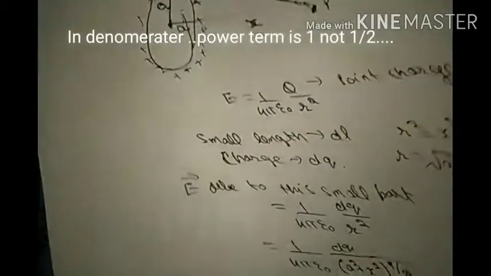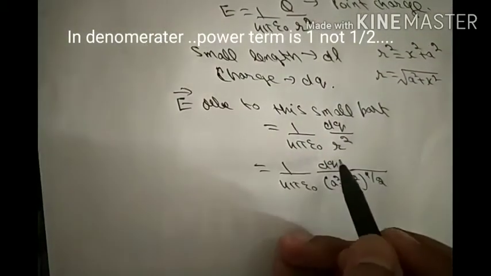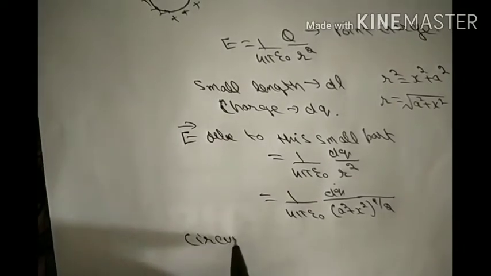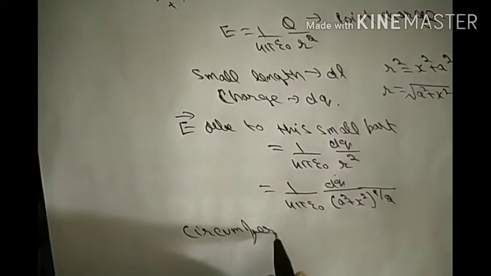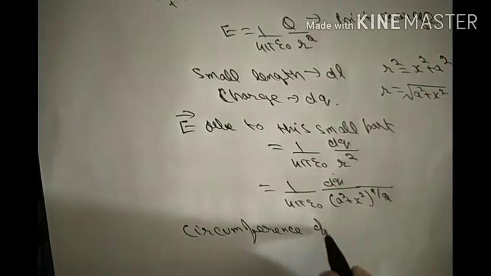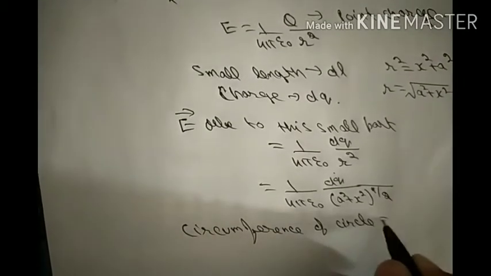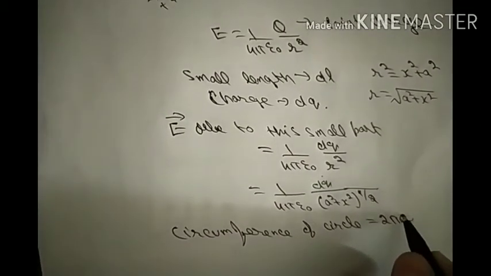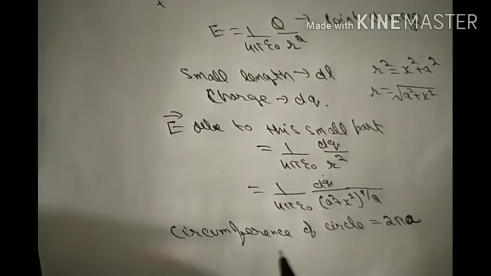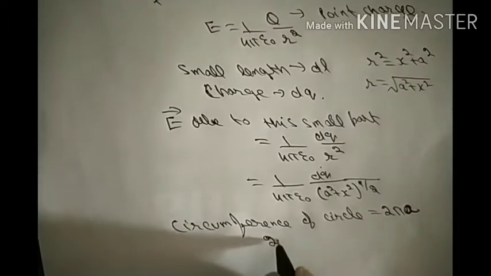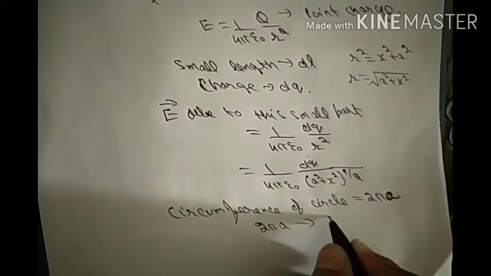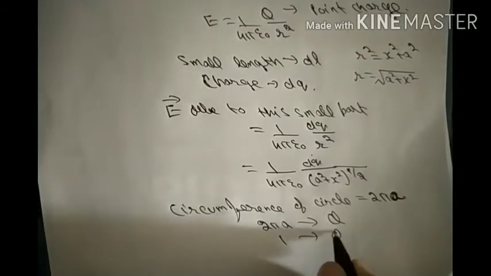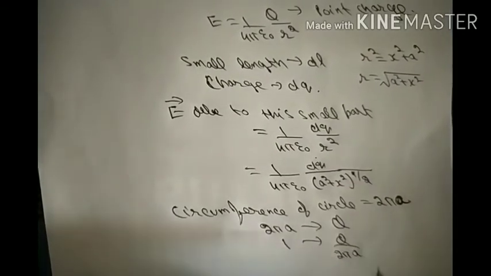So now the task is to evaluate the value of dq. We know the circumference of a circle is 2 pi r, and our radius is a, so it is 2 pi a, and it has charge q. So 2 pi a length has charge q, so unit length has q upon 2 pi a.